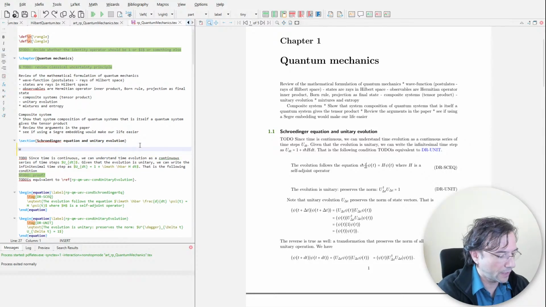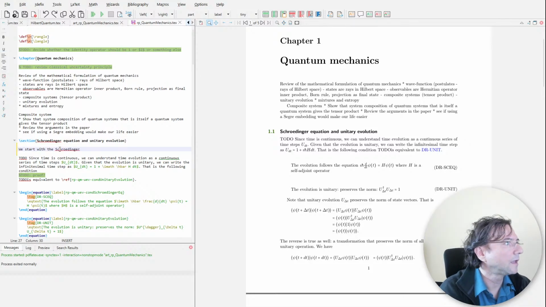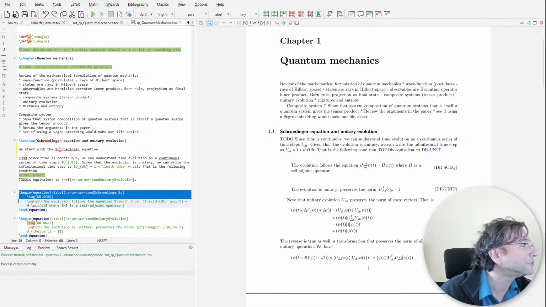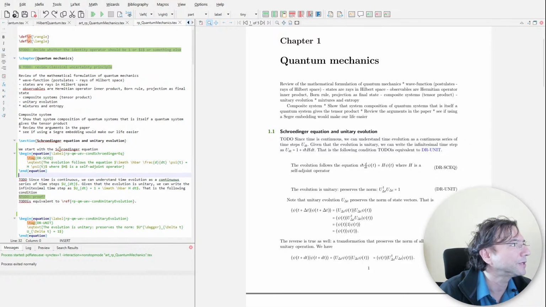So we start with the Schrödinger equation. We will have to review the text at some point, but the point is that we have the Schrödinger equation here.